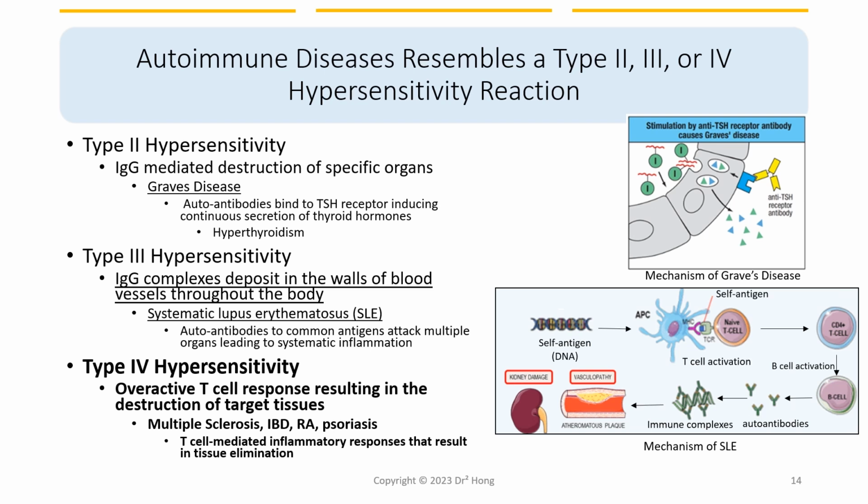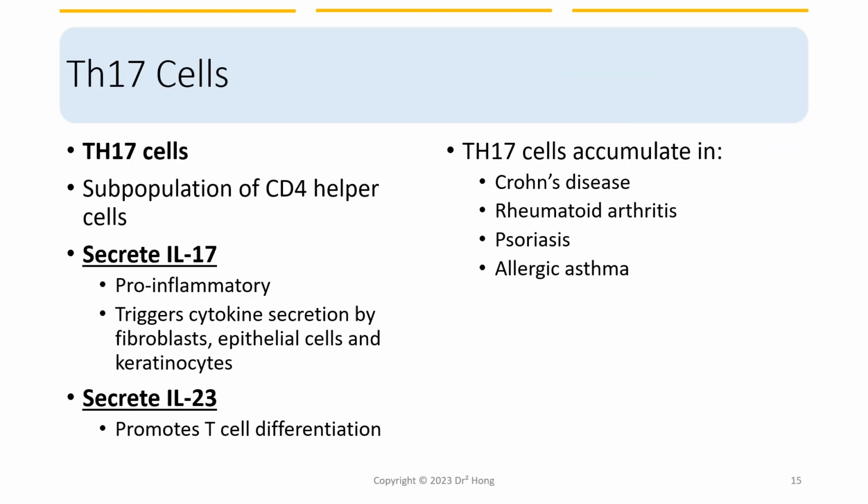Overreactive T-cell mediated inflammatory responses result in tissue elimination in diseases such as multiple sclerosis, inflammatory bowel disease, rheumatoid arthritis, and psoriasis. Another autoimmune disease contributing factor is the accumulation of Th17 cells.